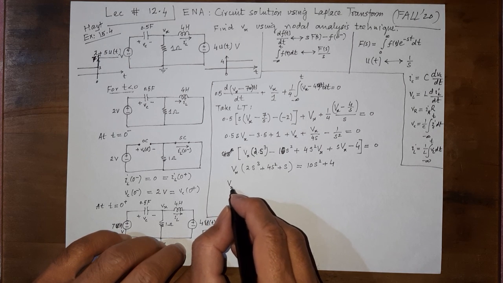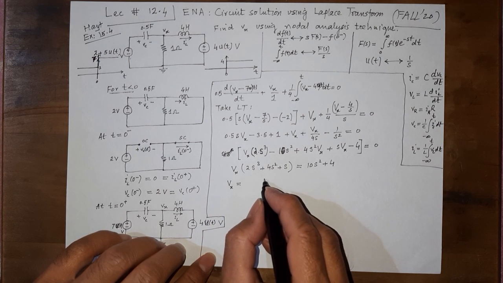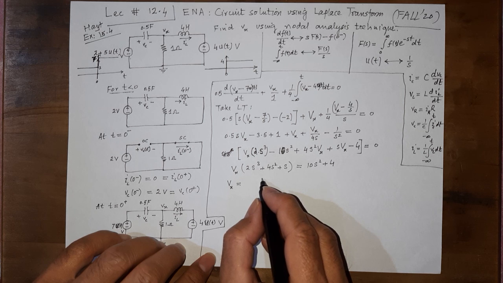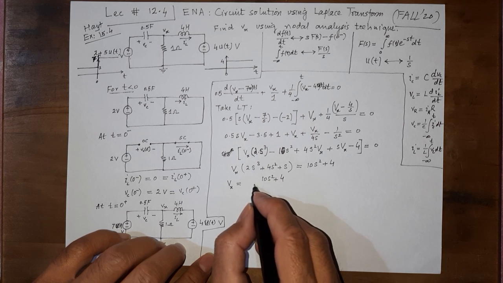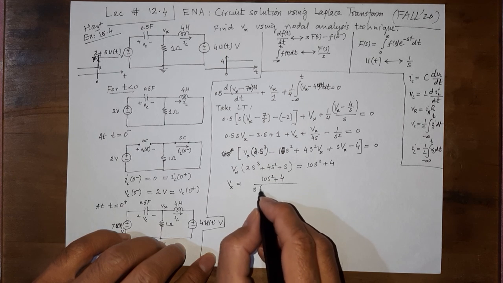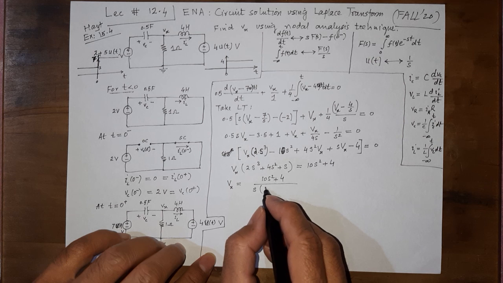So we got Vx is equal to 10s square plus 4 over s common 2s square.